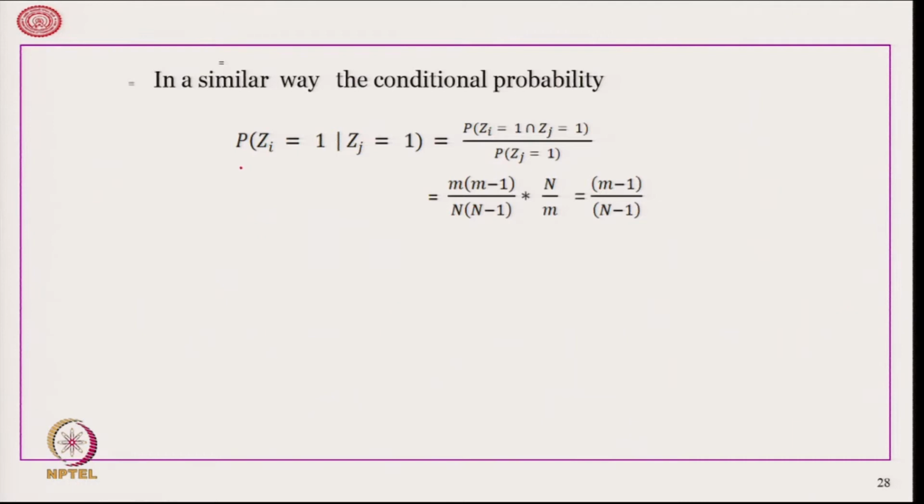In a similar way, let us prove another result, which is from conditional probability. What is the conditional probability that Zi is equal to 1 given Zj is equal to 1?